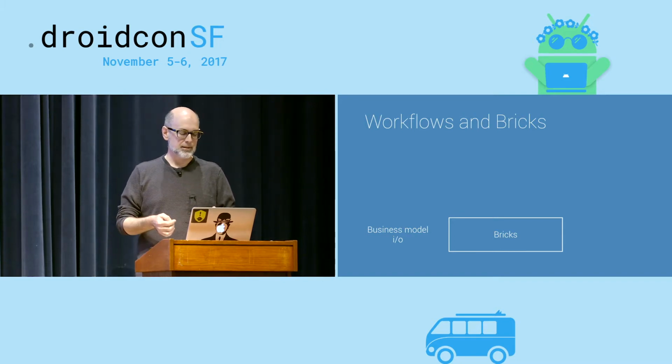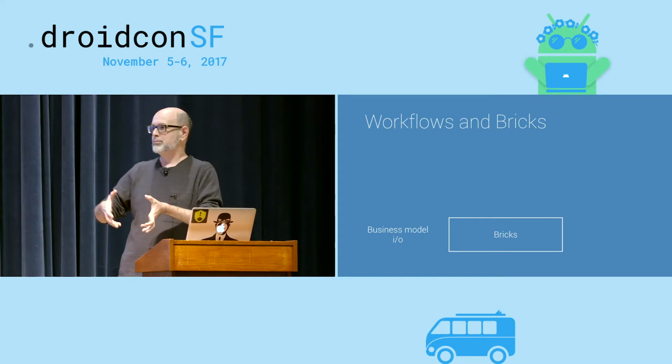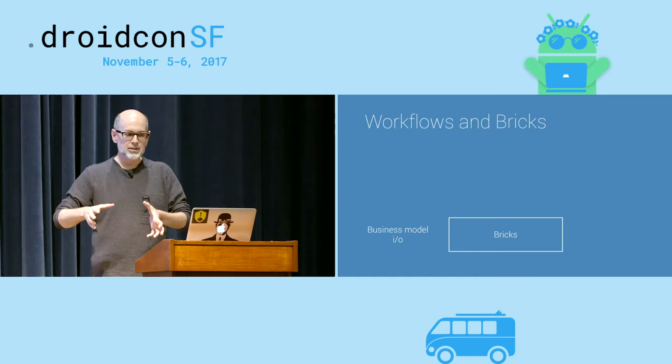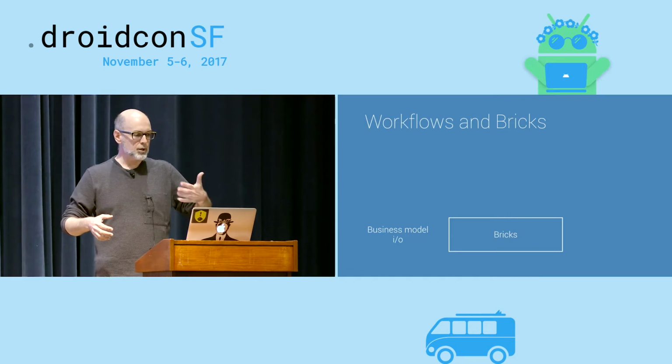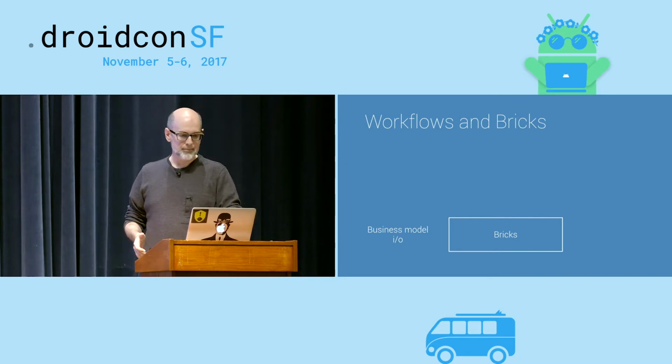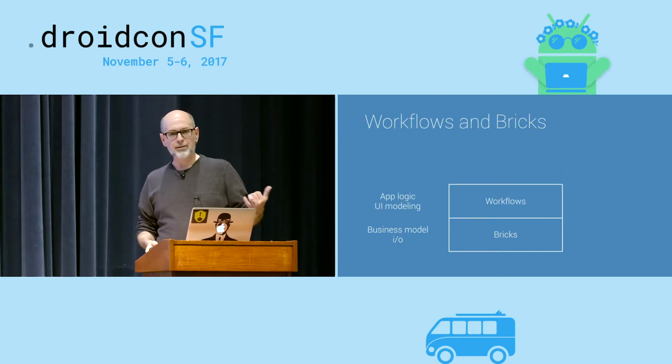The basic idea is that the bricks are the snap together business logic model objects that we snap together to actually define our core behavior, kind of microservices for your app. On top of that, we have a workflow layer.